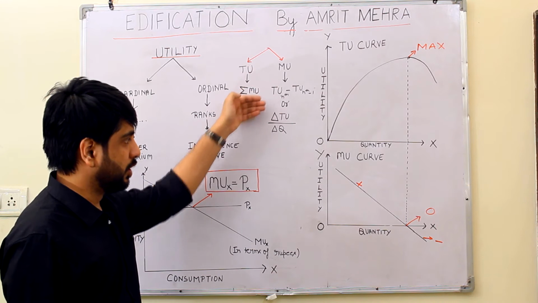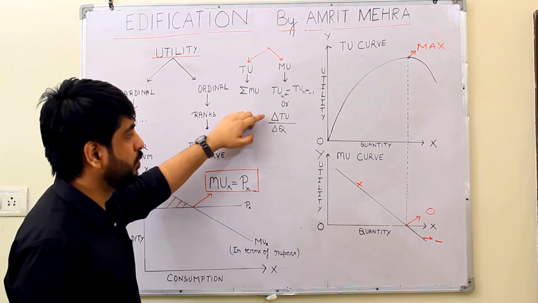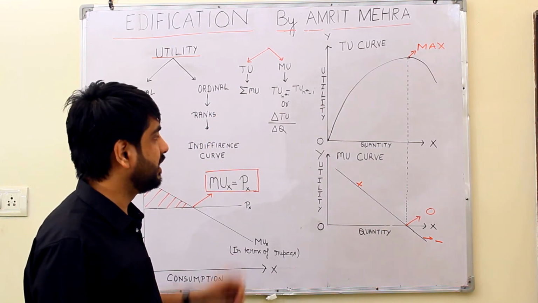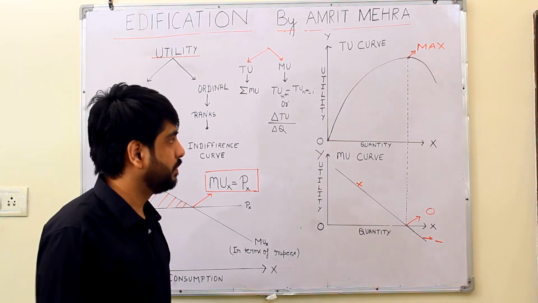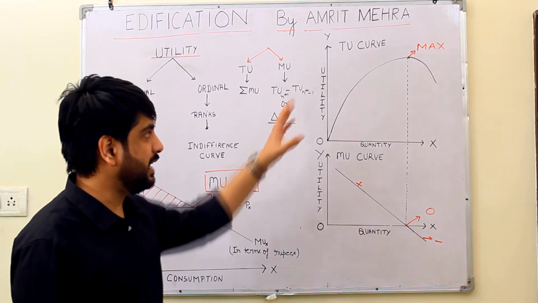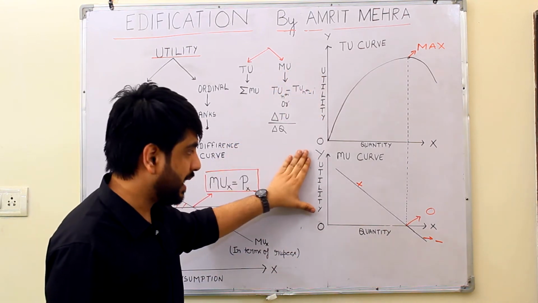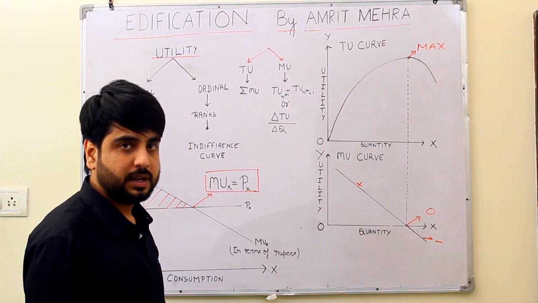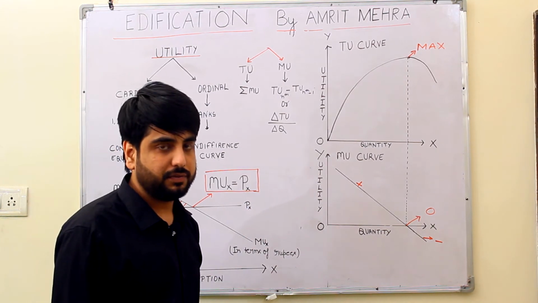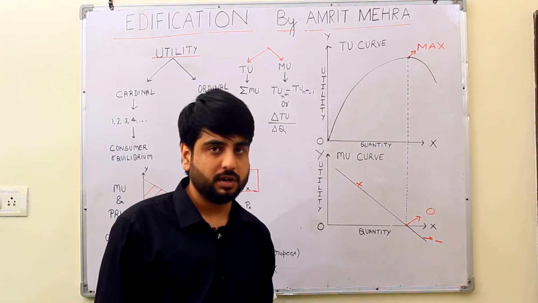You can also use the formula delta TU upon delta Q for finding MU. The graph for TU and MU is shown as the upper panel graph and the lower panel graph. This is based upon the concept of the law of DMU.